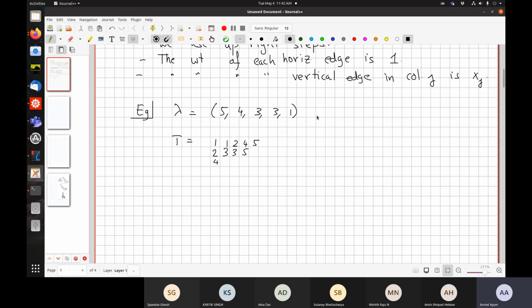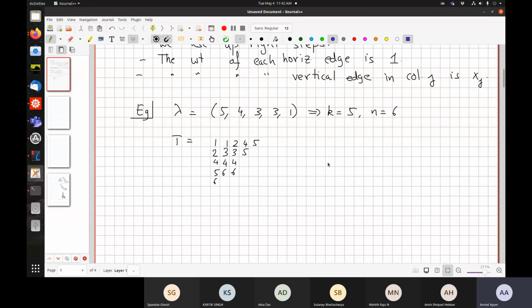So I should have said, k is 5, length is 5, and let me take n to be 6. So I'm going to fill it with the entries which are less than or equal to 6: 4, 4, 4, 5, 6, 6, and 6. So you see it's strictly decreasing down.